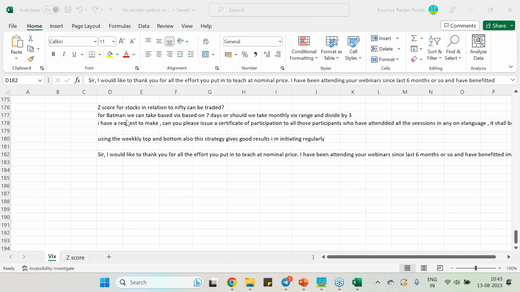And 150 people joined, but only 50 people joined the session from day 1, on average 50 people. So you can say 50% of people have joined this program from the first to last. That is very important.